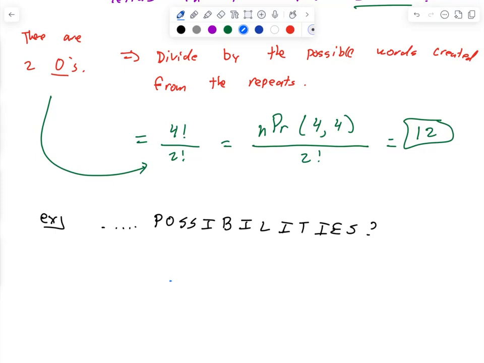First off, it would be 13. If there's 13 letters and we're using all 13 letters, we would start with 13 factorial. That's a lot more than 13. However, there are repeats. There's 1, 2, 3 S's. And then there's 1, 2, 3, 4 I's.